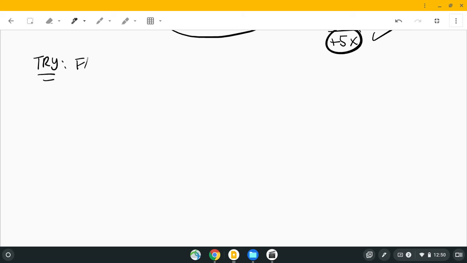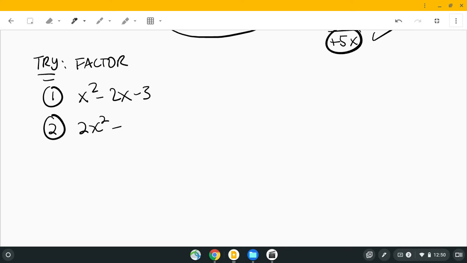Let's go ahead and factor and try this one: x squared minus 2x minus 3. Watch your signs. 2x squared minus 5x minus 7, and x squared plus 4x minus 5.